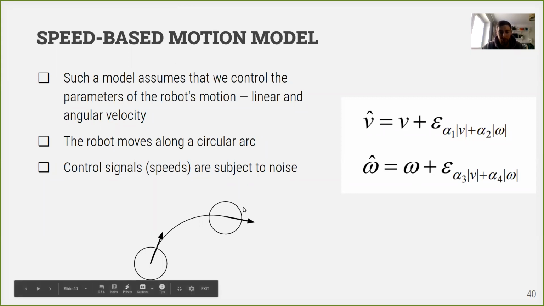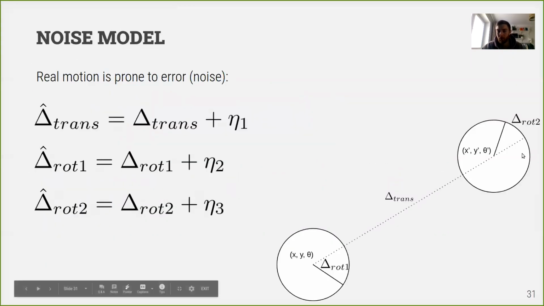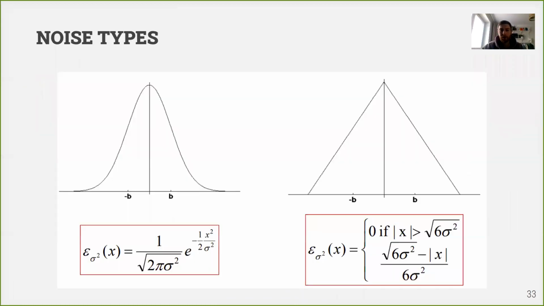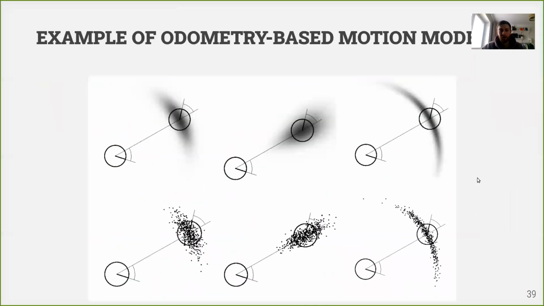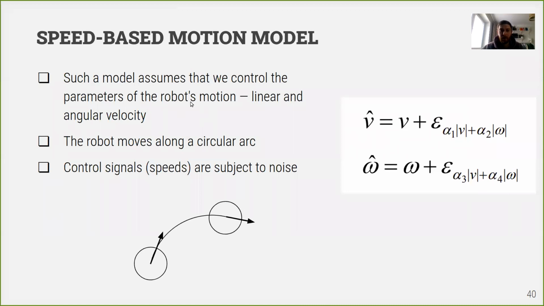In this model, robot moves along a circular arc. Here we had a simplification that our robot moves on straight pieces, but they're quite short, so we can represent a circular arc with these short straight motions. Here we directly have circular arcs because of our equations, because here we have linear and angular velocity and we have to move on a circular arc.